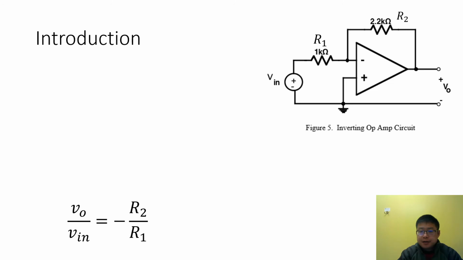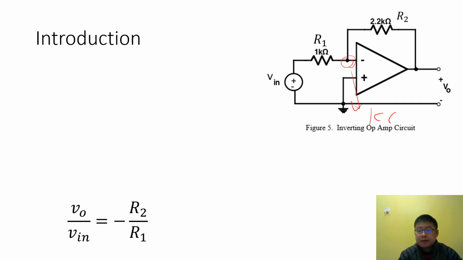The second example is the inverting operational amplifier. You can find this circuit in figure 5 in the lab user manual. In this circuit, the positive terminal is connected with the ground, so the voltage on the negative terminal should be equal to 0. And we can apply KCL on this terminal.